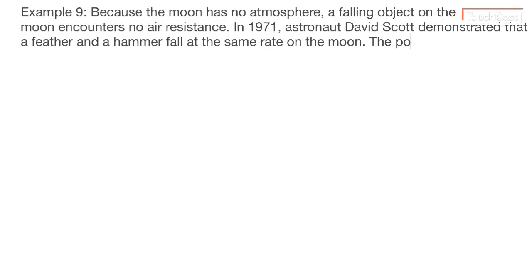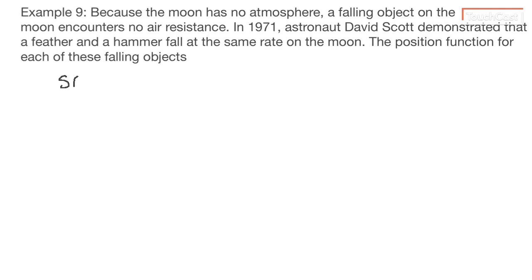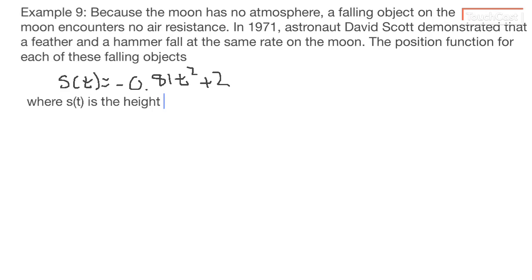The position function for each of these falling objects is s of t equals negative 0.81 t squared plus 2, where s of t is the height in meters and t is the time in seconds.